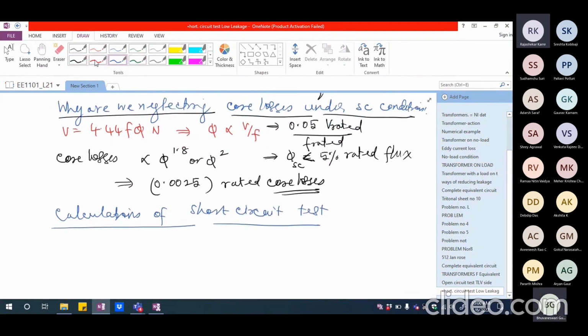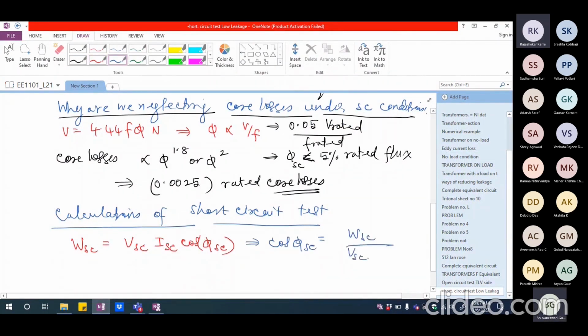We can write WSC equal to VSC multiplied by ISC multiplied by cos phi SC. We have WSC, VSC and ISC with us, so we can get cos phi SC. I can say cos phi SC equal to WSC divided by VSC times ISC.